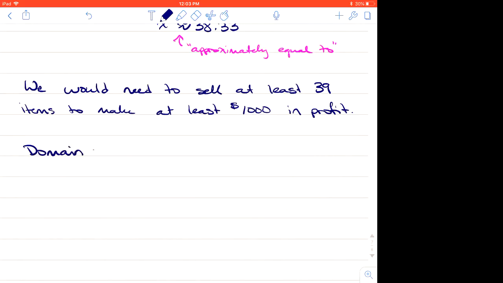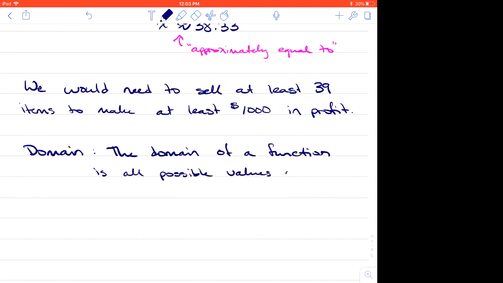The domain of a function is all possible values of x, meaning it excludes all the illegal math moves that we could make.